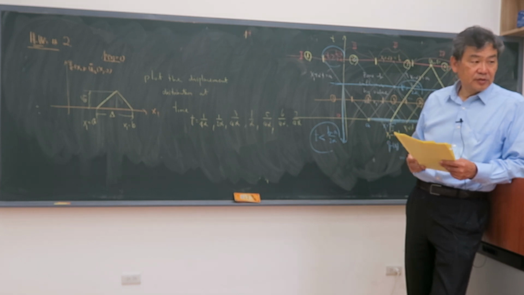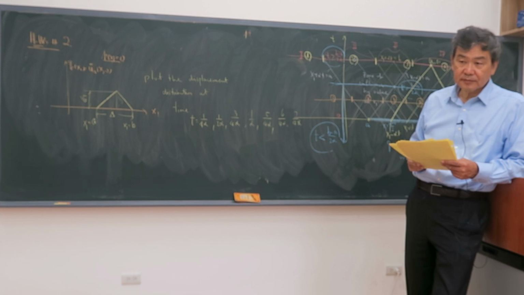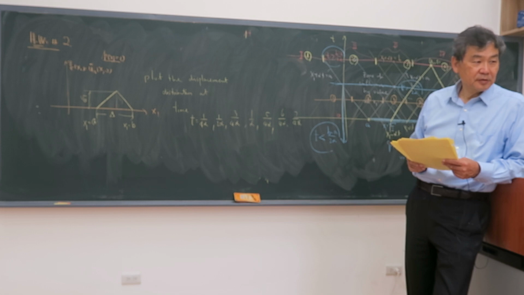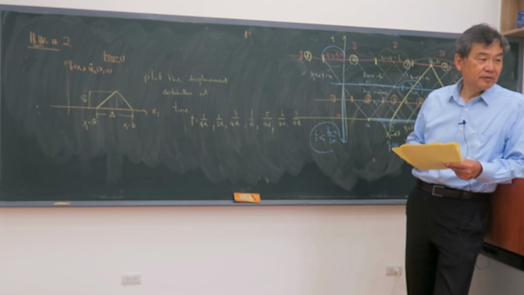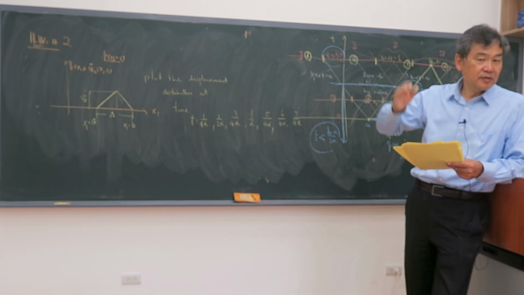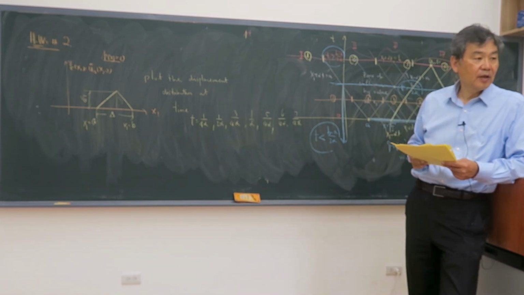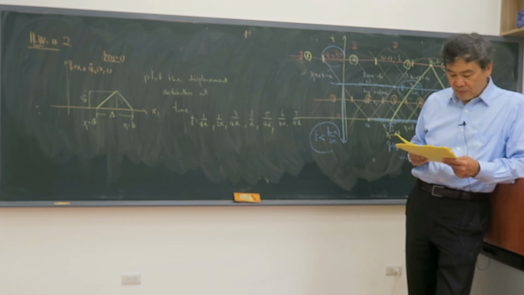Then do the integration. How to do Heaviside function integration? Depending on the range, right? For the value larger than that, it would be equal to 1. Okay. All right, try to do it. Okay.